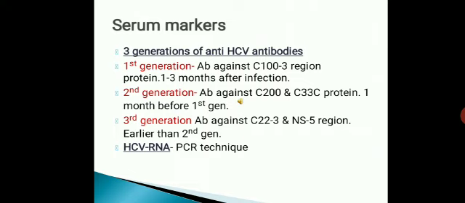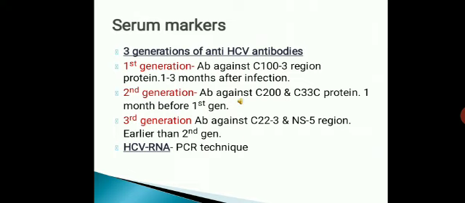This appears 1 month before the first generation. Third generation is antibody against the C22-3 and NS5 region. This appears earlier than the second generation of antibodies. So the earliest appearing antibody is the third generation, then the second generation, then the first generation of antibody.